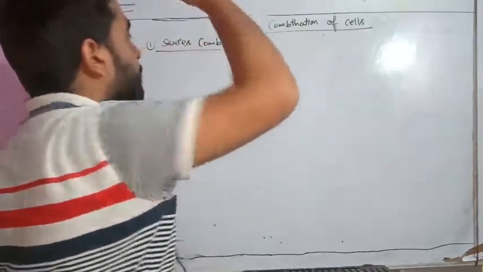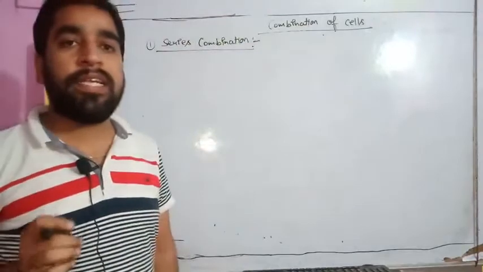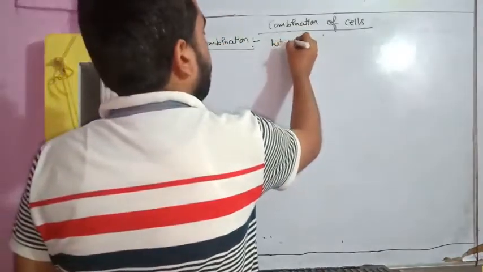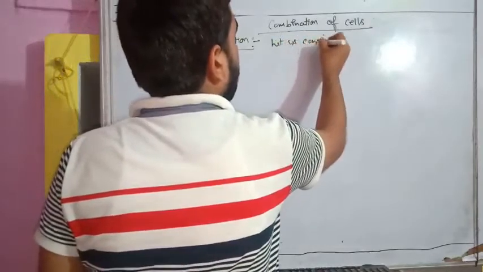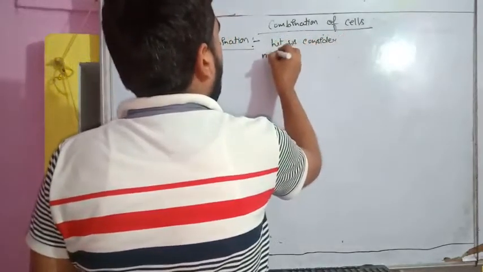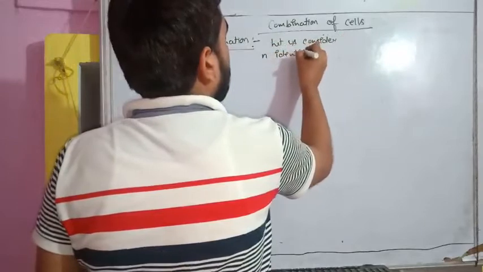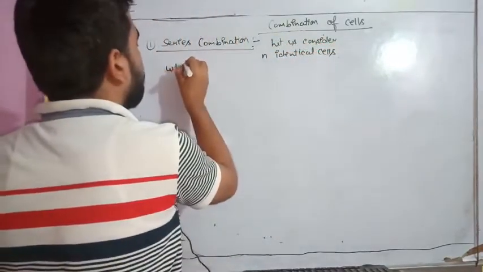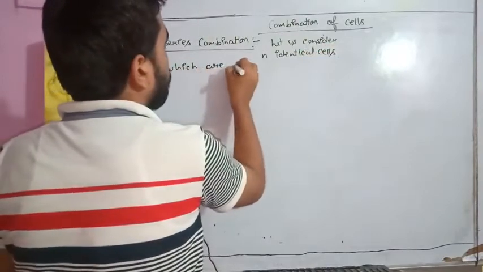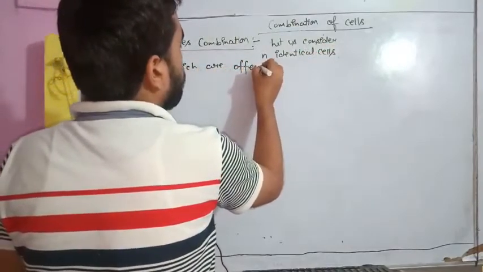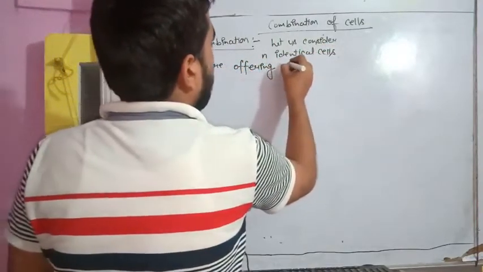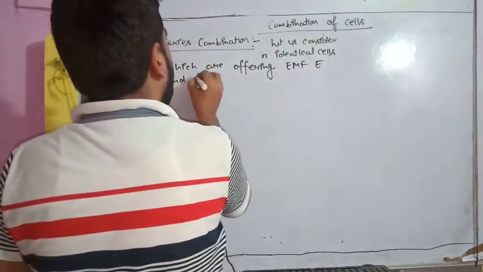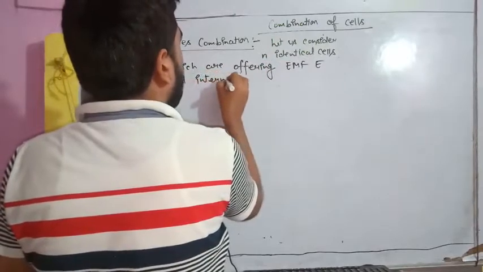For this case, we are going to consider identical cells. So let us consider n identical cells which are offering EMF capital E and internal resistance small r.